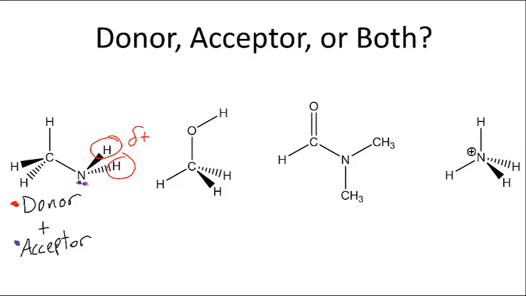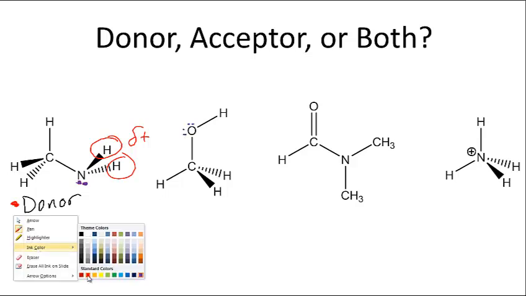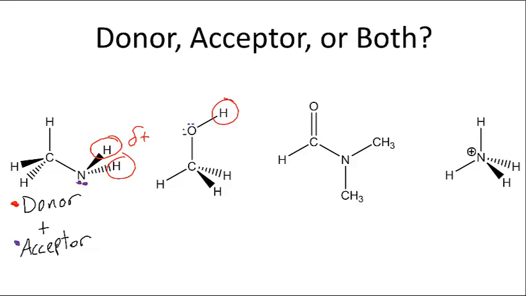Danielle, what did you guys say for the second molecule? Both, all right. It's got lone pairs on oxygen. Those can act as an acceptor. And it's got this partially positive hydrogen over here that can act as a donor. One thing I want to note, these 3 hydrogens down at the bottom are the 3 hydrogens over on the left of the other molecule.